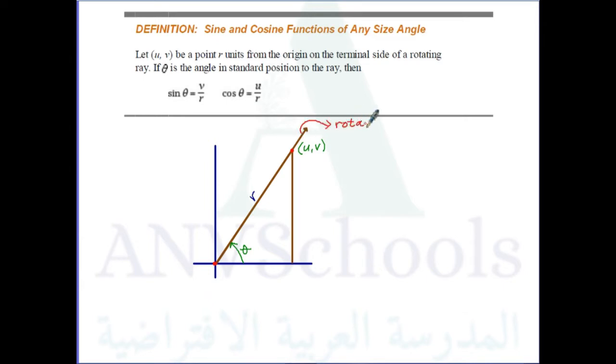Why is it called a rotating ray? Because it rotates. It could change its angle from theta to another angle. It could increase its angular displacement from this x to here. So that's why it's called a rotating ray.